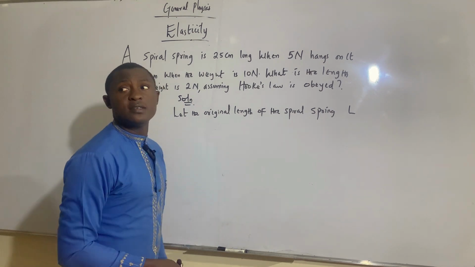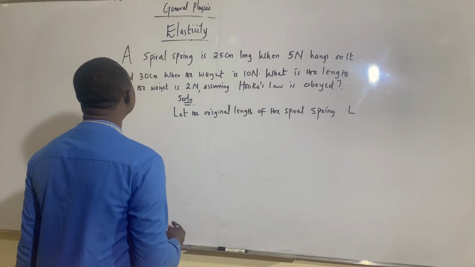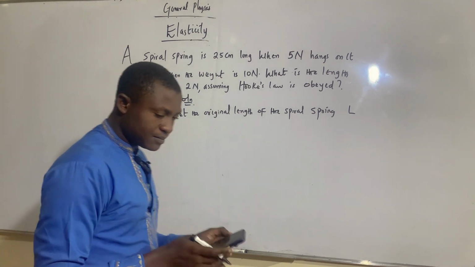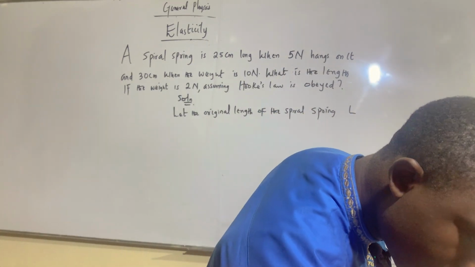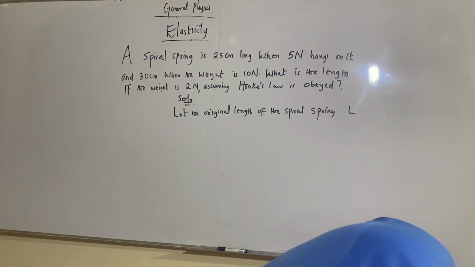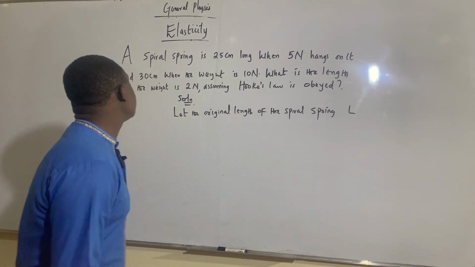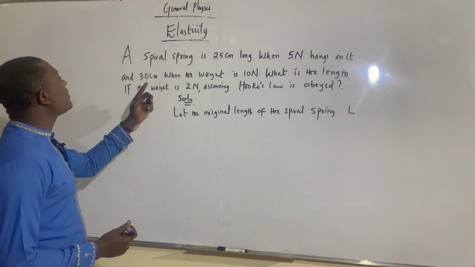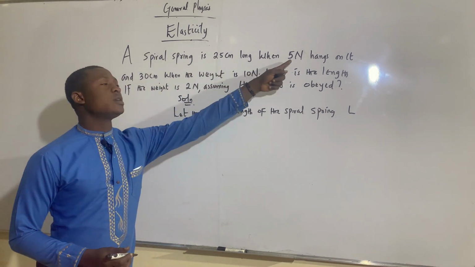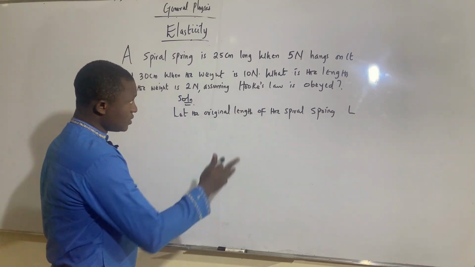You know, length is related to extensions. So now from the first case, they said the spiral spring is 25 centimeter long when F is equal to 5 Newton.